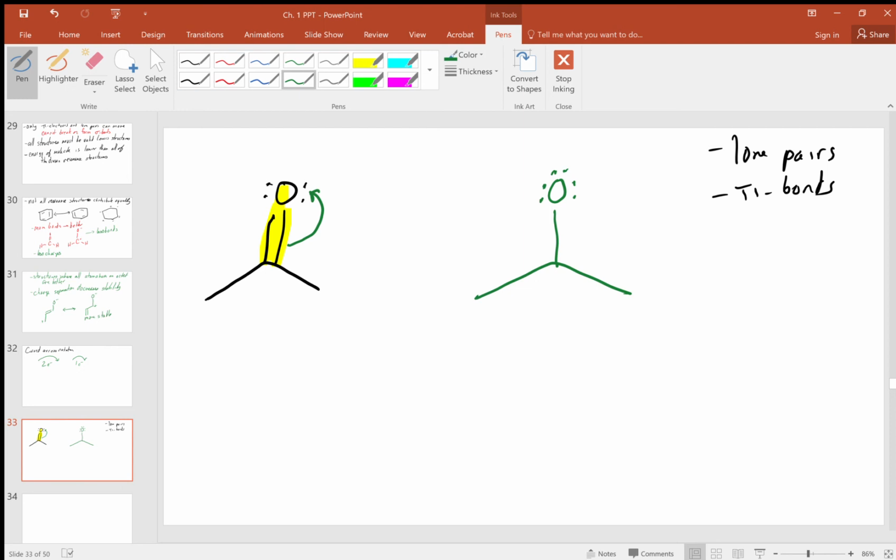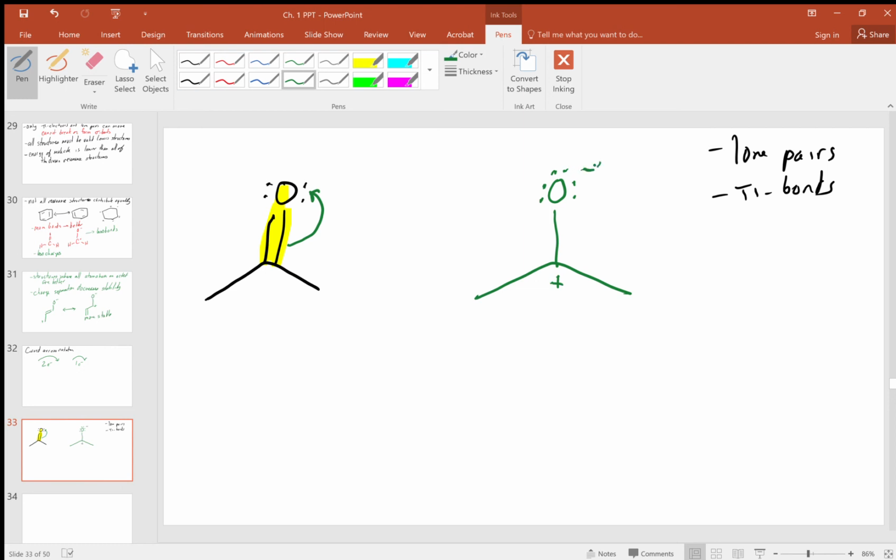Now, because we've moved electrons around, we need to add in the formal charges. So you may want to stop for a minute here and calculate those. But another way to think about it is we've removed electrons from carbon. Therefore, that carbon doesn't have enough electrons anymore. It's going to be positive, and the oxygen has gained electrons.